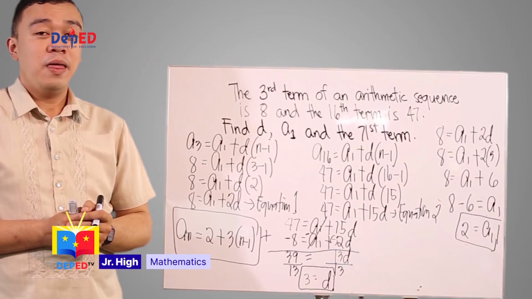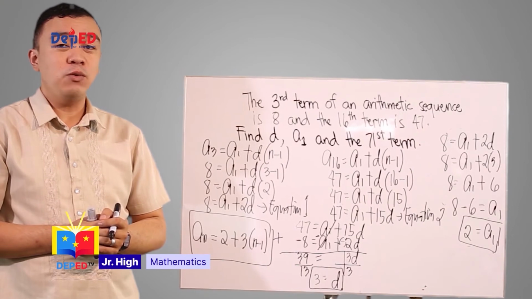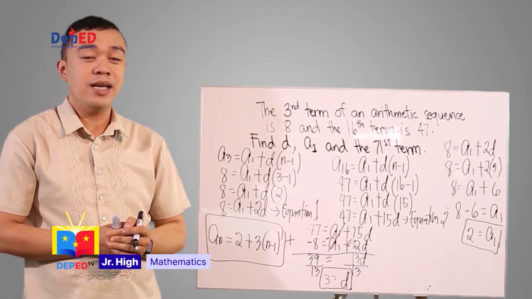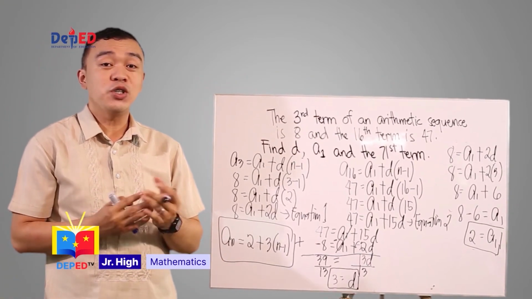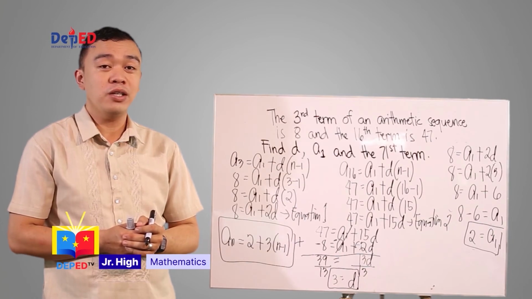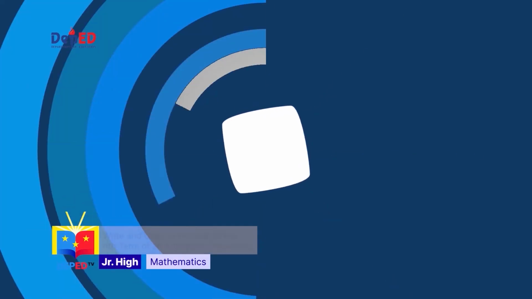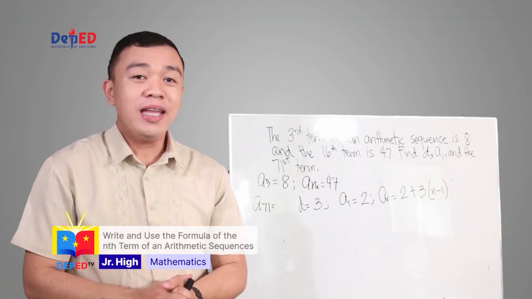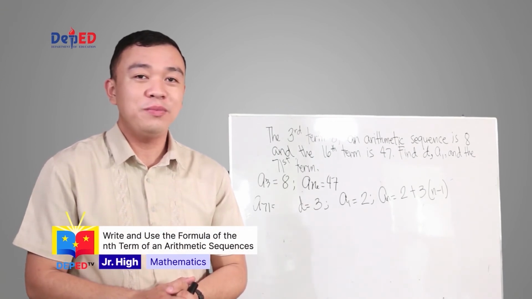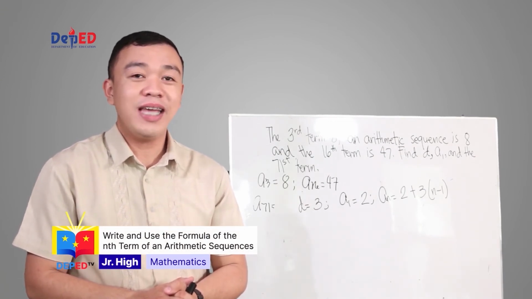Using this equation, a sub n is equal to 2 plus 3 times n minus 1, we can solve for the value of the 71st term.